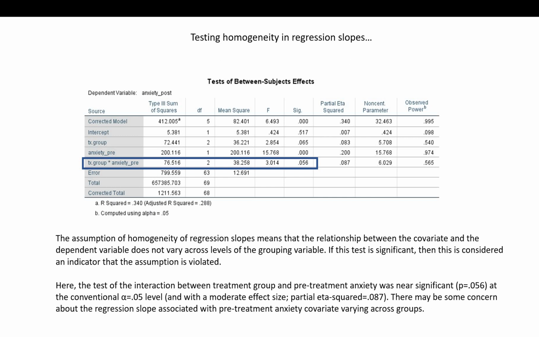So once again, here we see that the test of the interaction between treatment group and pre-treatment anxiety was near significant at 0.056 at the conventional alpha 0.05 level. The effect size might be considered moderate, and that would lead me to think that there may be some concern about the regression slope associated with pre-treatment anxiety exhibiting variation across the groups.